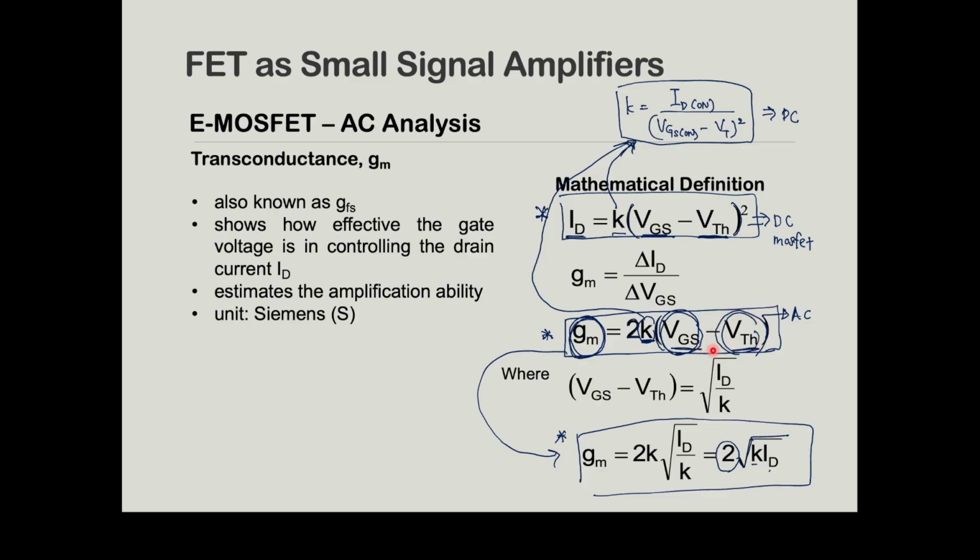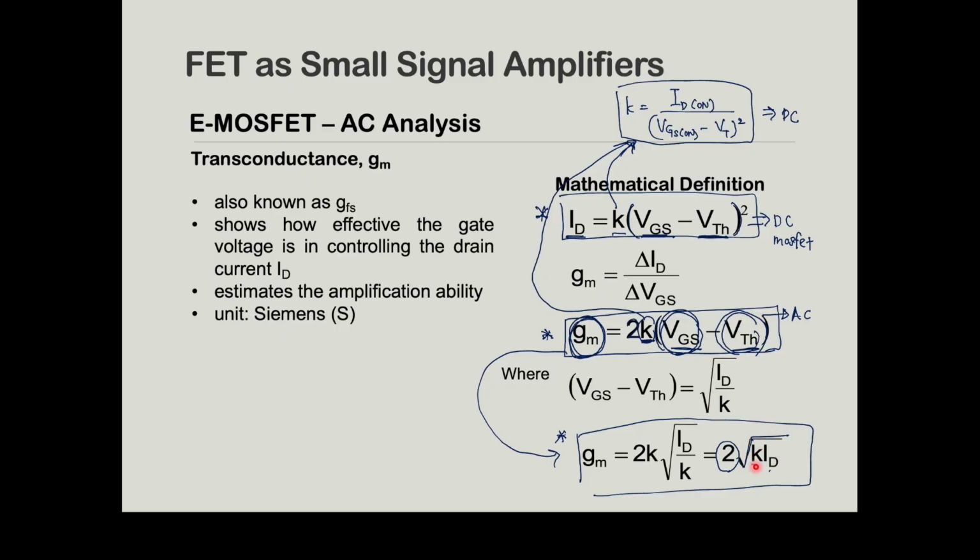But if the voltage is not given to you, we can rewrite this equation as 2 square root of K times ID, where K is the constant value, which can be found by using ID on or VGS on minus VT, the threshold voltage, squared, and you divide both of them, multiplied with ID.